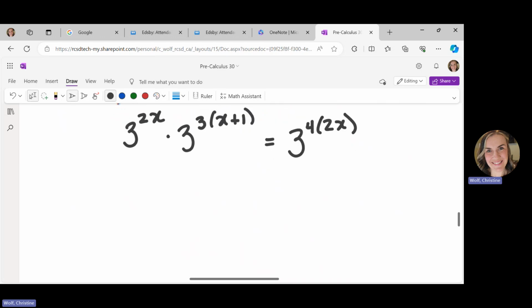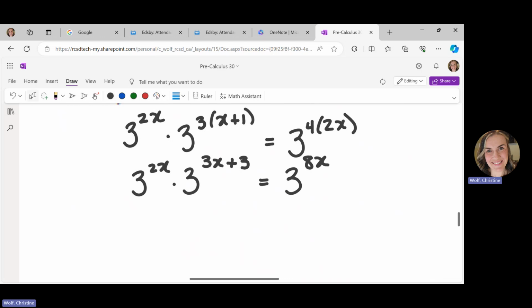You can't have a double power. So this actually becomes 3 to the 2x times 3 to the 3x plus 3. I've distributed that 3 in, and over here I have 8x. So I've just cleaned it up a little bit more. I still have a double power.